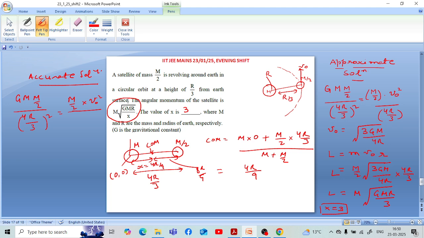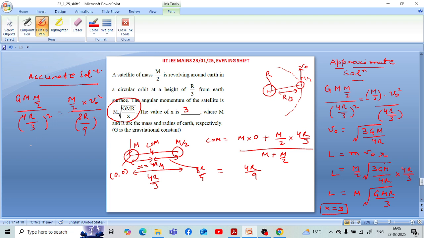It is moving in a circular path around the center of mass of this Earth satellite system. So we have to take the value of radius as equal to the distance between the center of mass and the satellite center, which we have calculated as 8R by 9. So we have to put here 8R by 9.